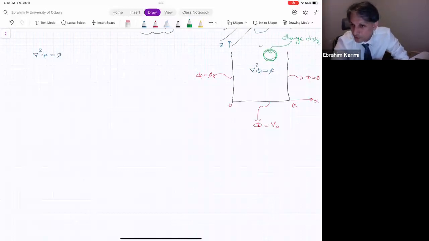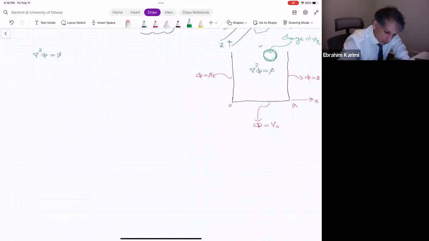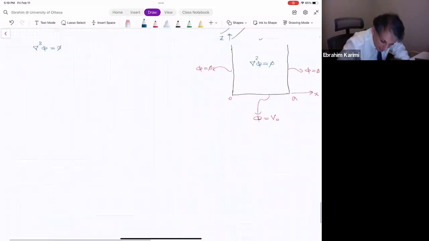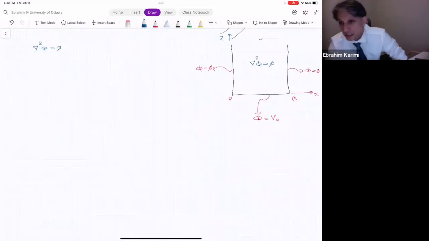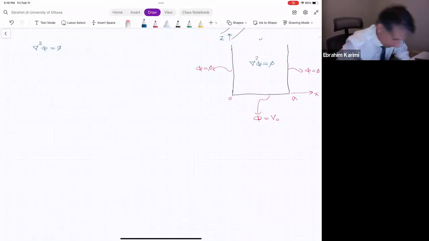As soon as you know the boundary condition, everything is easy to solve. At this stage I don't consider the charge density. I will just consider a simple scenario in which I have a specific potential at the boundaries, where the potential is defined, not even the normal derivative of the potential. So it's a Dirichlet situation that we have.